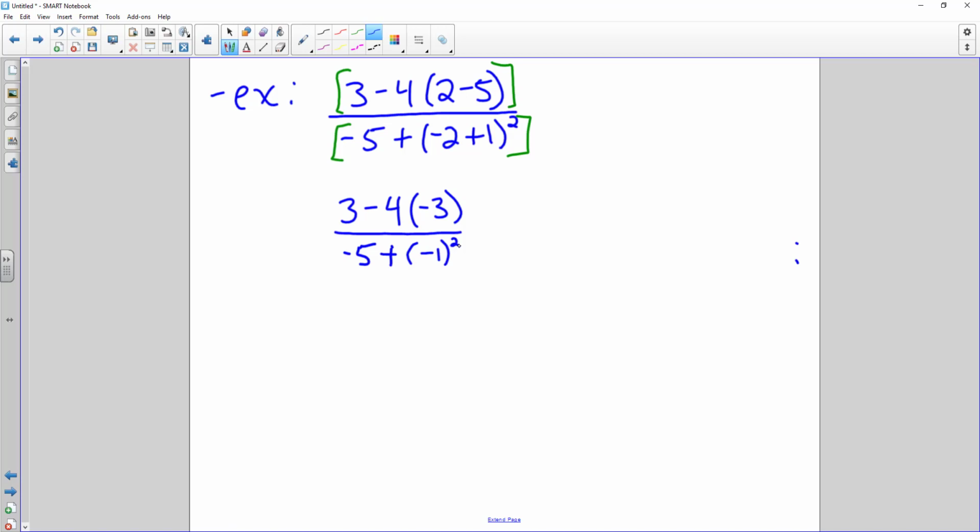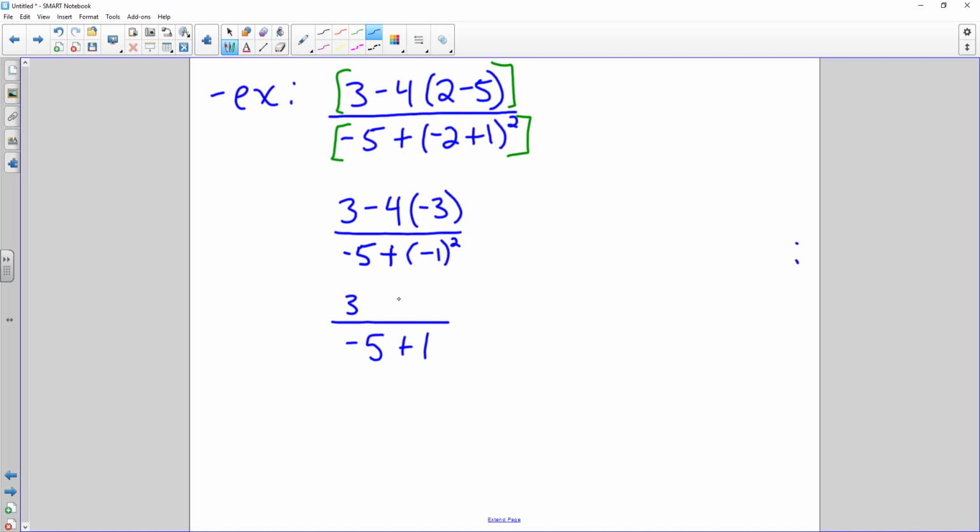Okay, so next I do my exponents. I'll do that negative 1 squared is a positive 1. And since there's no exponents on top, all we have is that one spot where we're going to have to multiply. I'm just going to do that right now as well. So we did exponents. Now we're going to do multiply and divide.